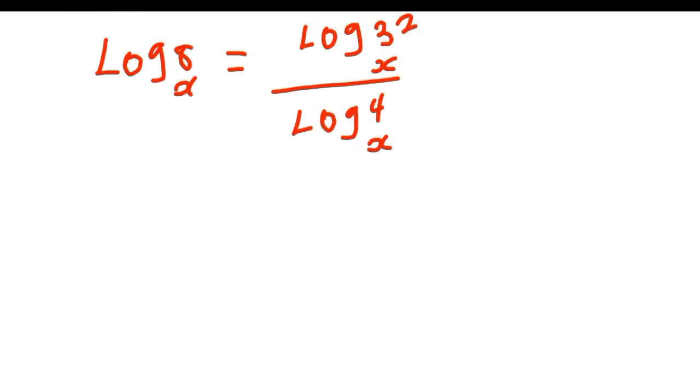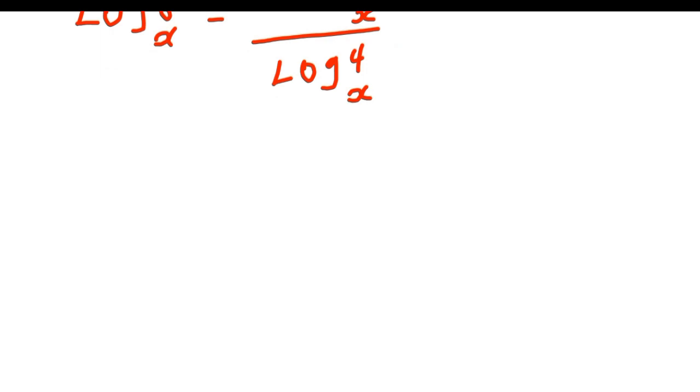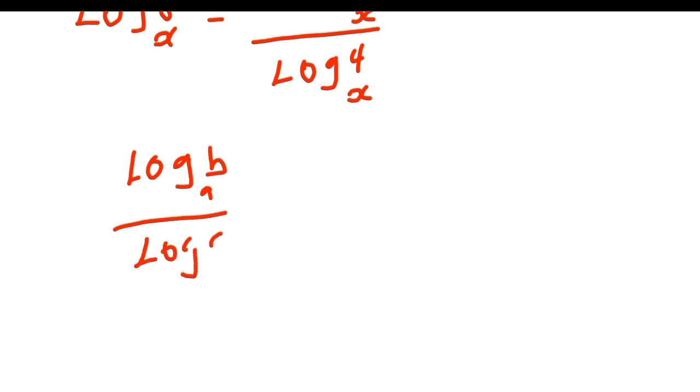Now the next step we are going to take is to use another law of logarithm that says when you have log b base a all over log c base a, it is equal to log b base c.